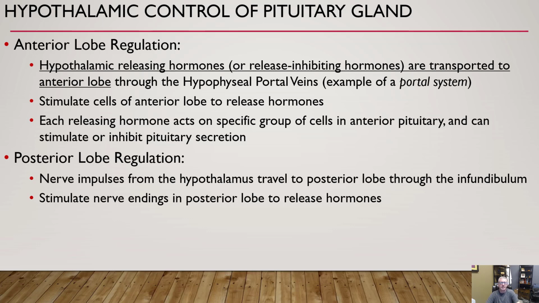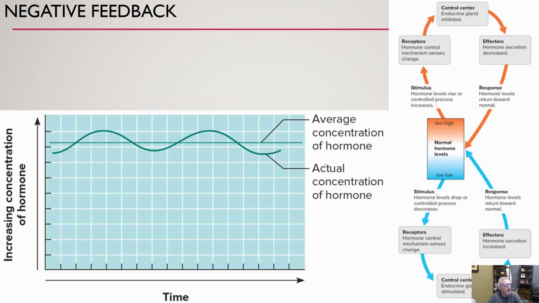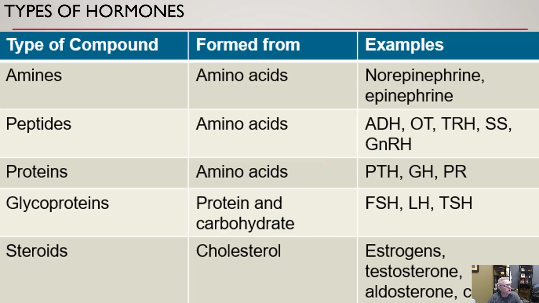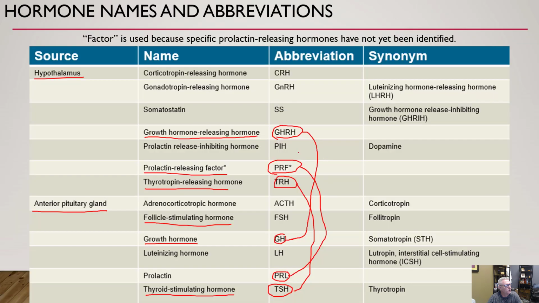And so I said that the hypothalamus has two different ways it can regulate the lobes. For the anterior portion, we have these hypothalamic releasing hormones or inhibiting hormones, and they're transported to the anterior lobe through this portal system. It's called the hypophyseal portal system, and it stimulates that anterior lobe to release other hormones. And that's what we talked about up here.